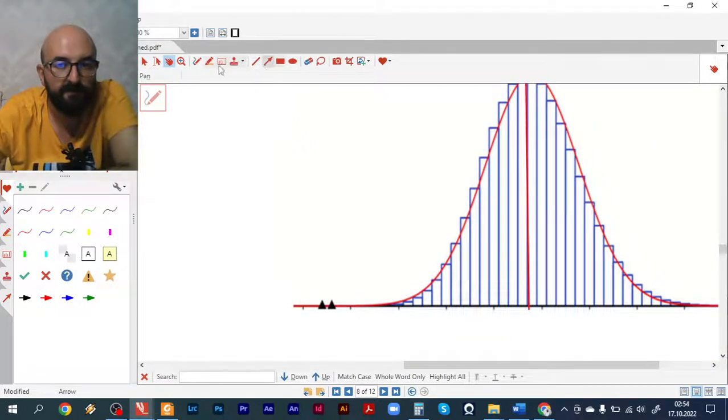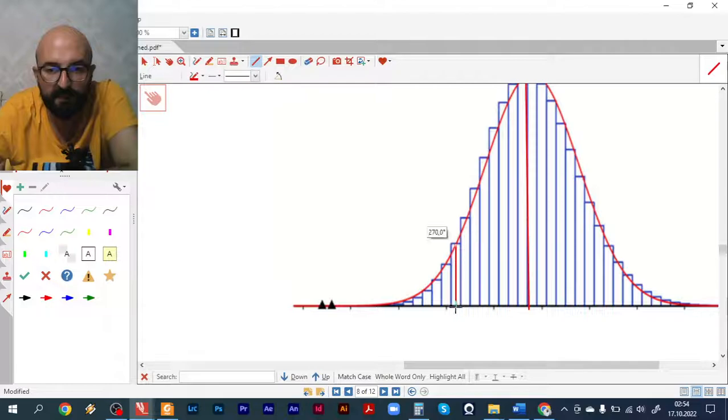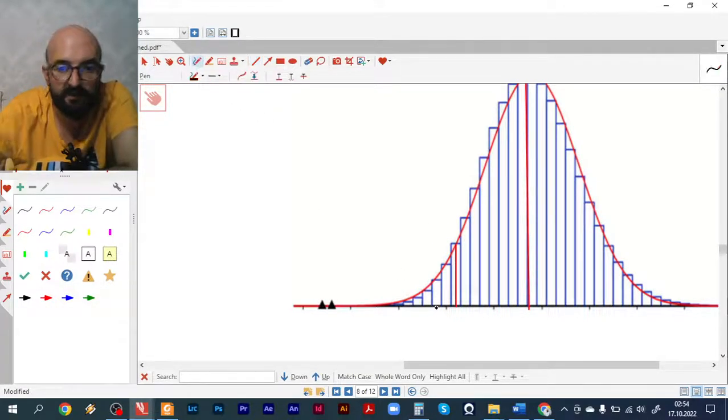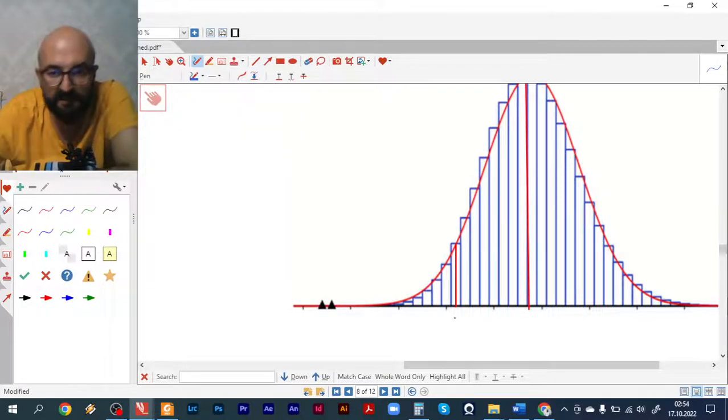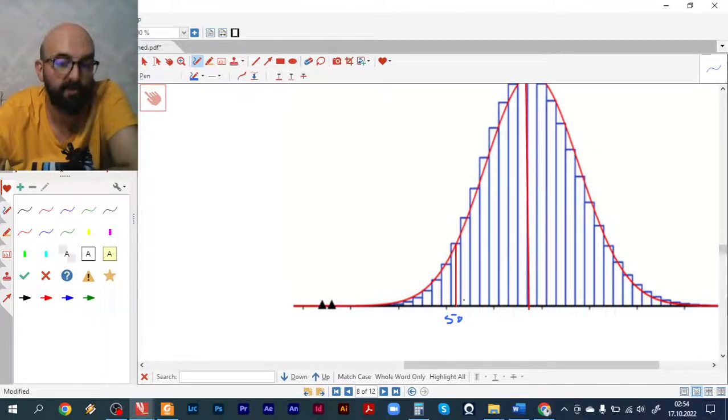So 50 values means, for example, it might be here, 60, but this value is exactly 50 for the Poisson distribution.